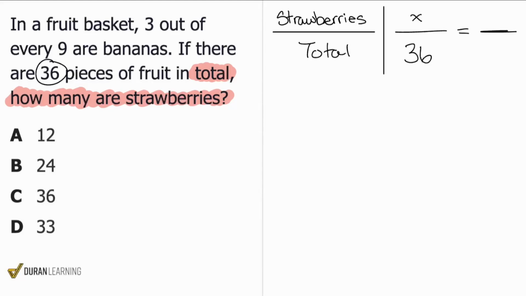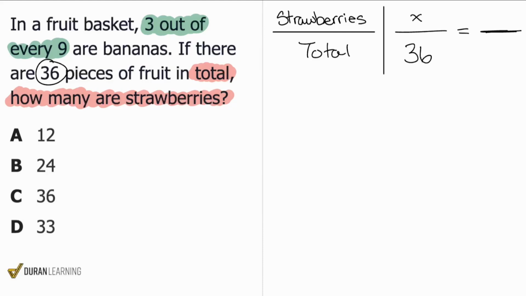And now here's our only goal: to properly set up this right side. What we need to be successful here is having strawberries up top and total in the denominator. Here's what they say. I'm going to highlight this in green. They say that 3 out of every 9, in this fruit basket, are bananas.